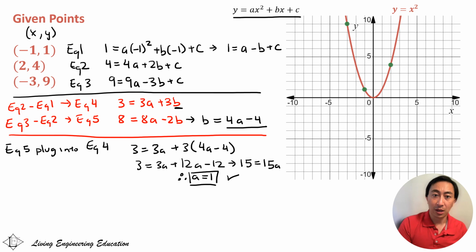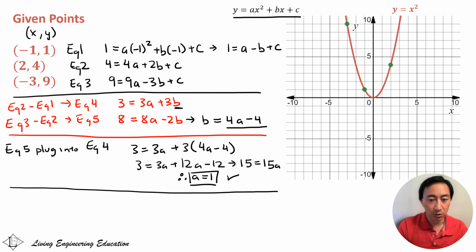All right, we're not done yet. We need to solve for B and solve for C and make sure that they both equal 0. So the next step I would do is either use equation 4 or 5. It doesn't matter because both equations 4 and 5 have just A and B terms. So we can solve for B now.